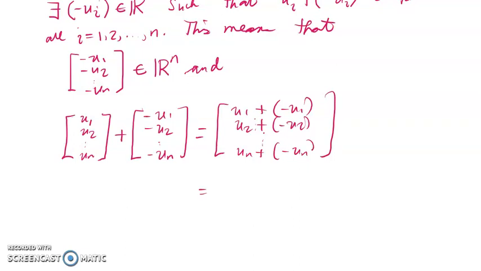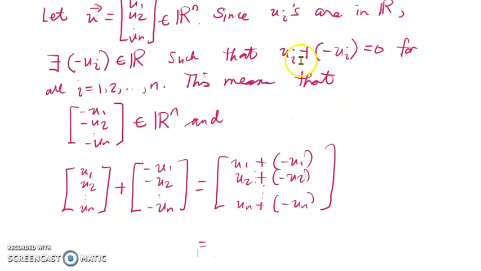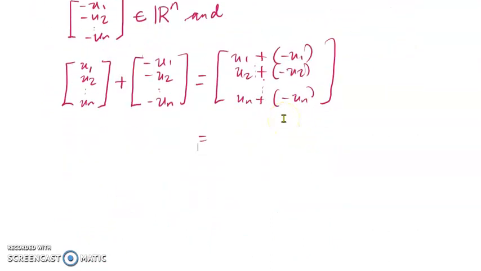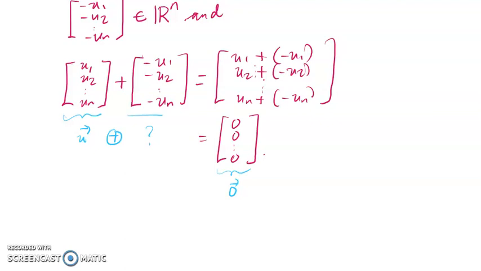This is equal to 0 based on this one, so all entries here are 0: 0, 0 up to 0. So in effect, this particular matrix is the negative of u.